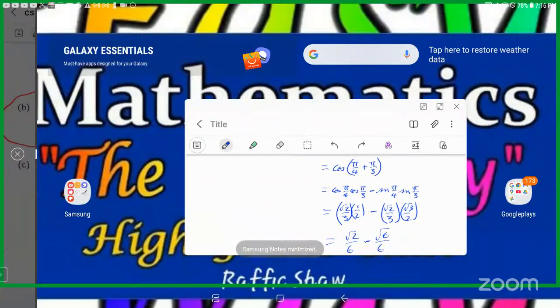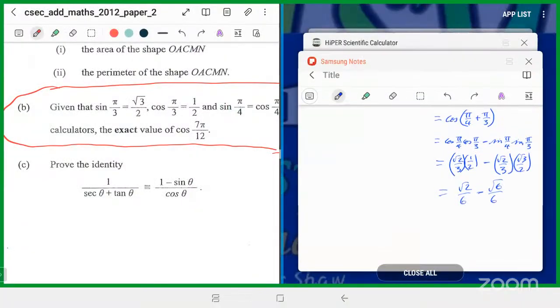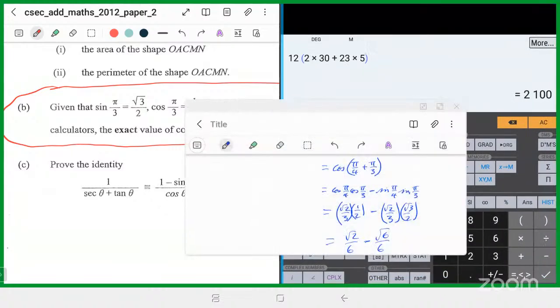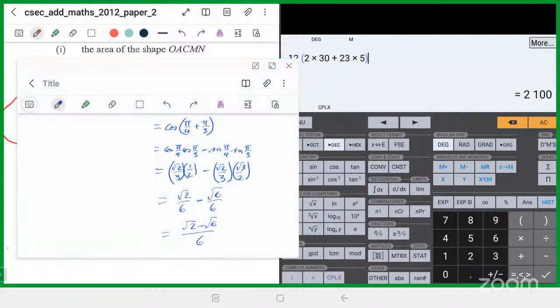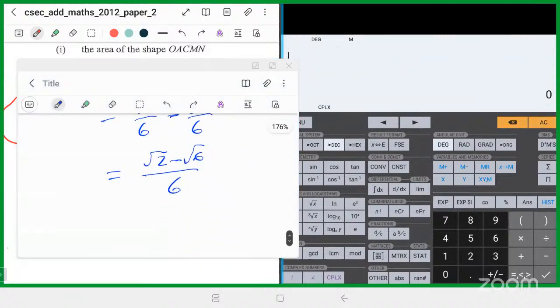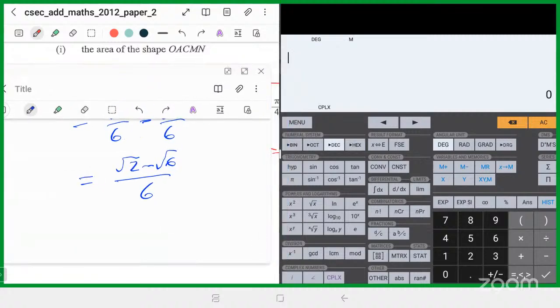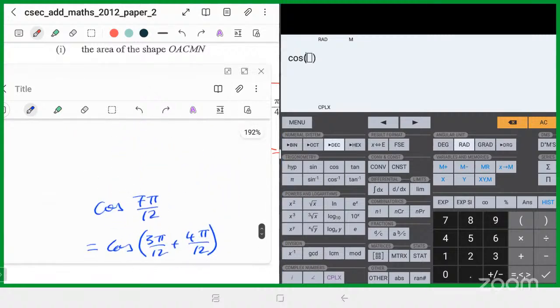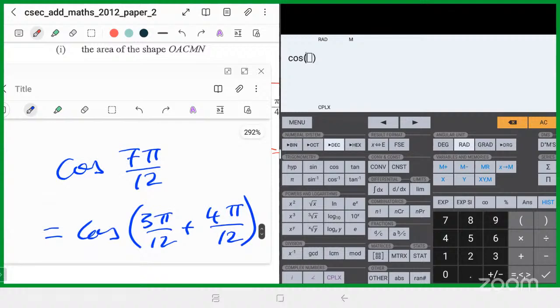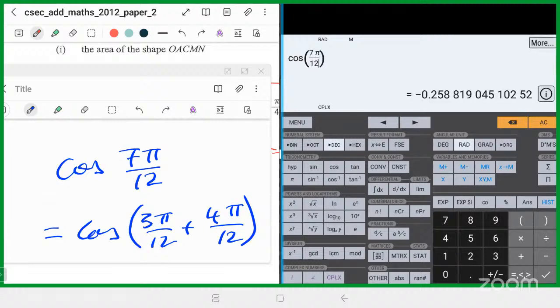We're doing the cos of 7 pi by 12, so 7 pi over 12, as a fraction.